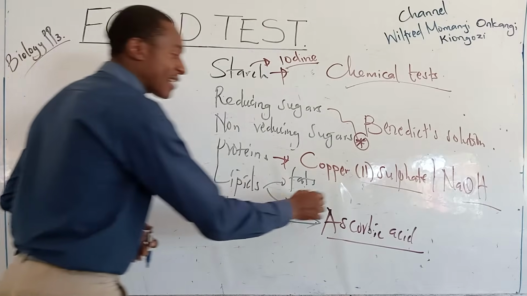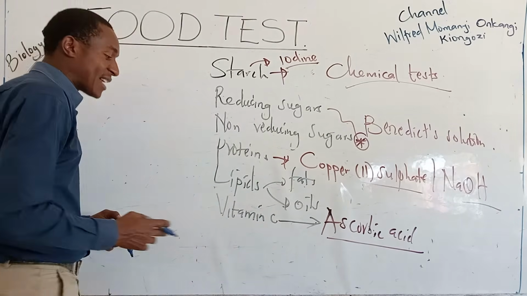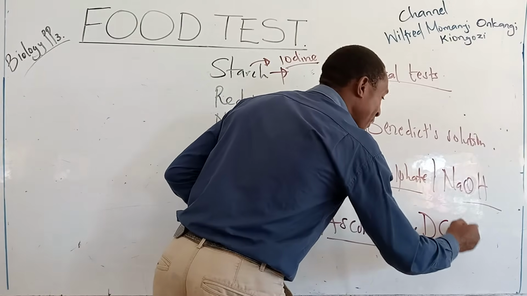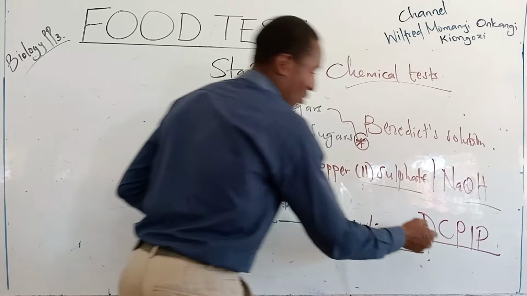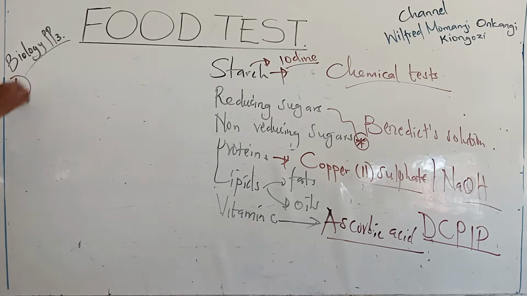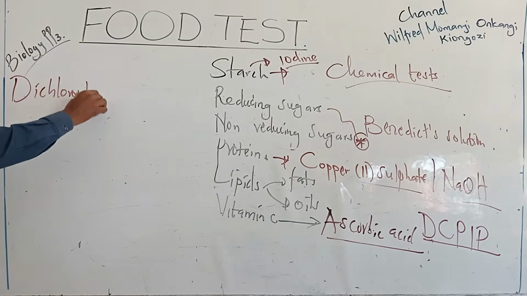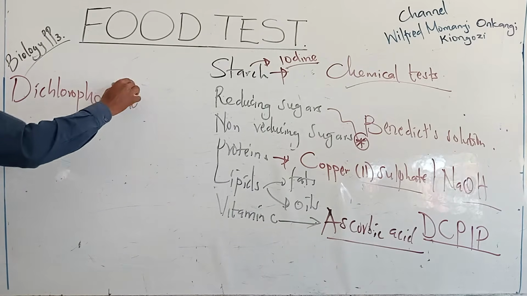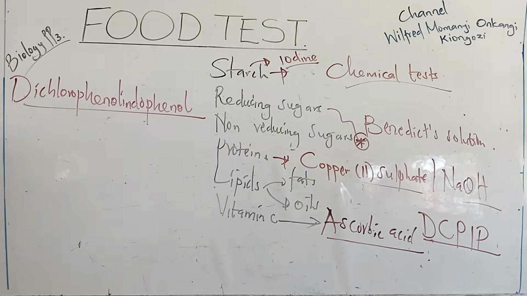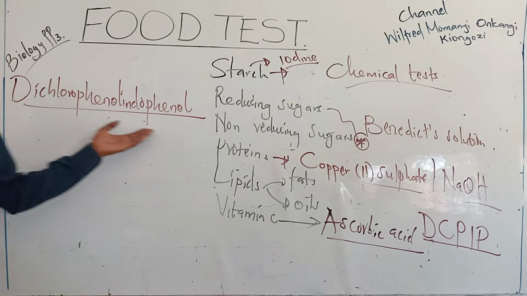In lipids, we shall have a physical test. I will be able to explain that. And in vitamin C, we have DCPIP. This one is dichlorophenolindophenol. I want to write it in full. Yes, it's a very long name.